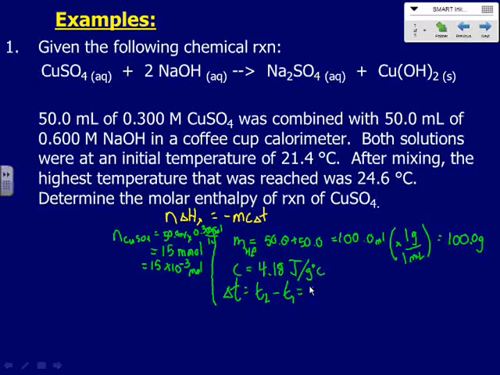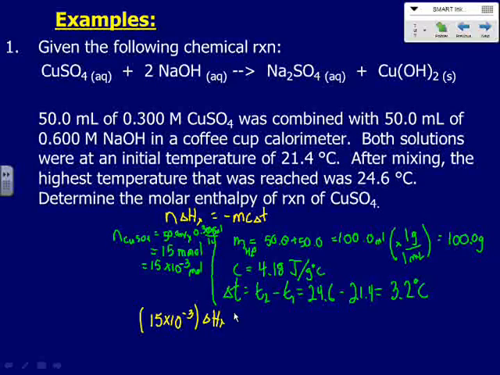In this case, it's heating up, 24.6 minus 21.4, and that gets me a difference of 3.2 degrees Celsius. So again, just like before, the only thing missing here is the delta Hx. Let's substitute and go. Now, in the previous examples, I've rewritten, but I'm going to just go straight to the numbers here. 15 times 10 to the -3 moles.